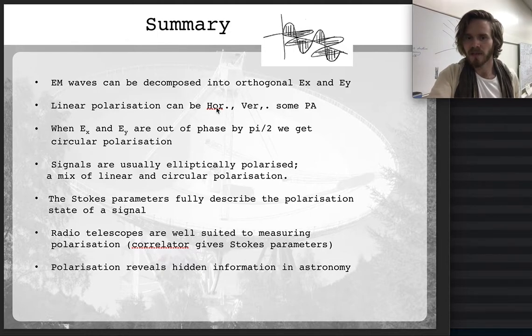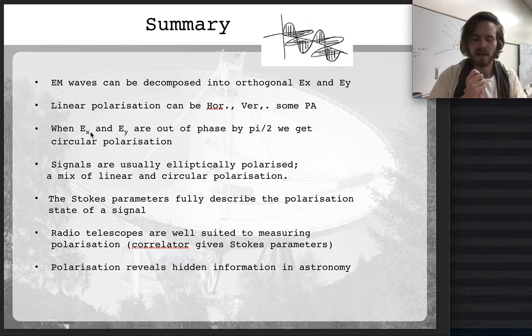The linear polarizations can be horizontal and vertical with some position angle, and when the two components are out of phase, so if your horizontal and your vertical components are out of phase by half a pi, it's a quarter of a wave, then you end up with circular polarization, and this is a special case of polarization.